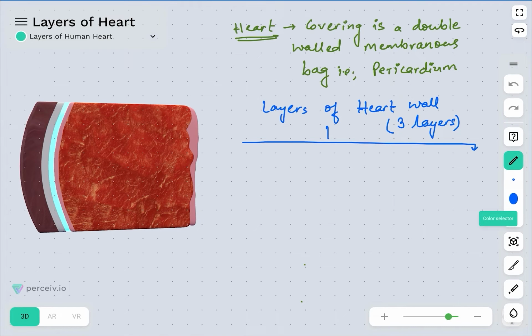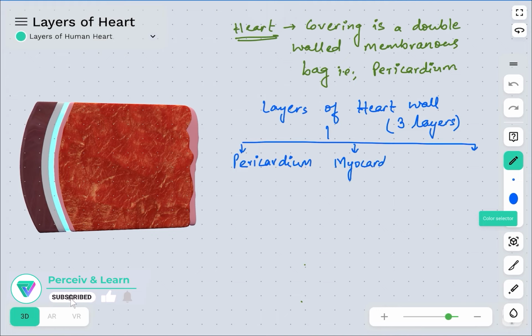So the first one is called pericardium, which we have already seen is a double-walled membranous bag of the heart. Then there is myocardium. And the third one is endocardium. All right. So these are the three layers of the heart wall.